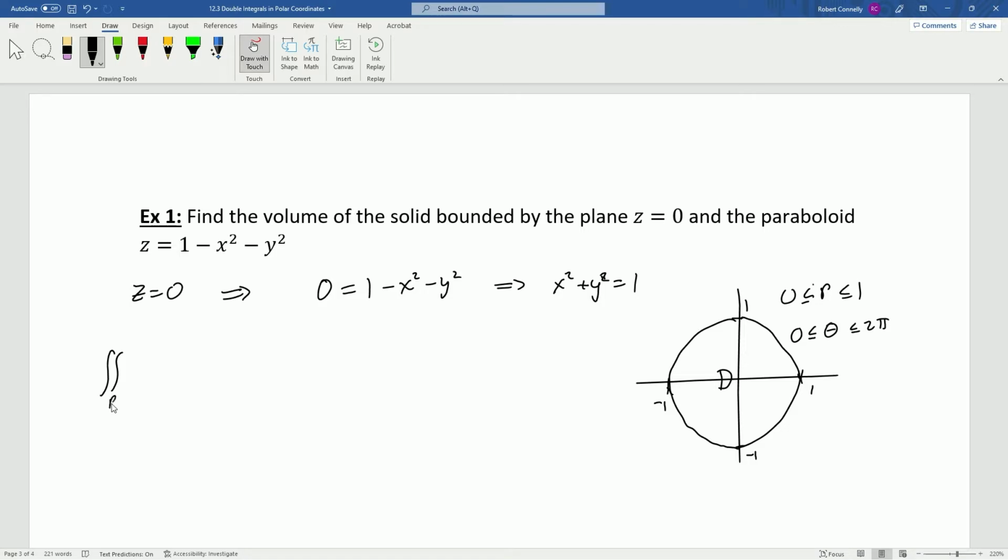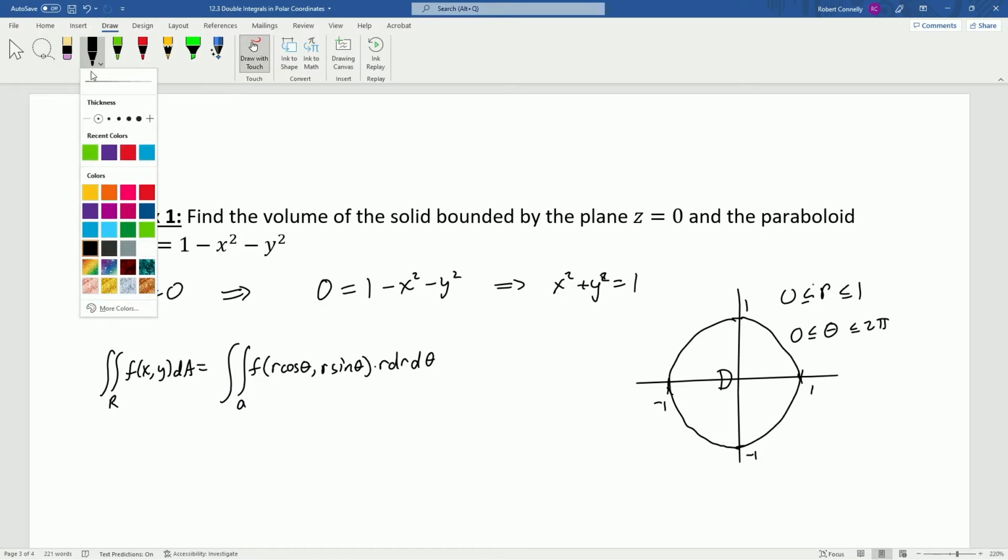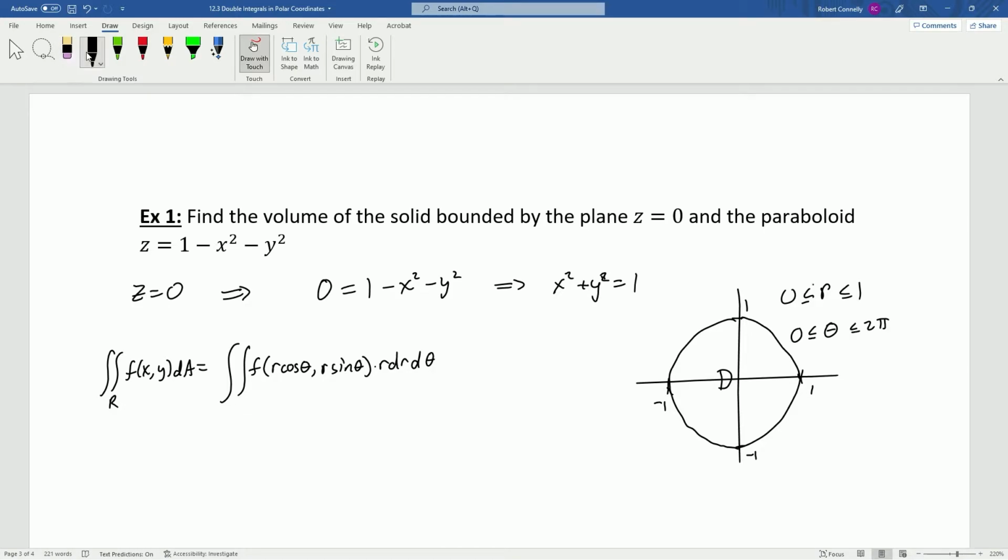So now when we go to change our function here, it's going to become f of r times cosine theta, r times sine theta, times r dr d theta. And we're integrating with respect to r first, so this will be 0 to 1, and 0 to 2 pi.